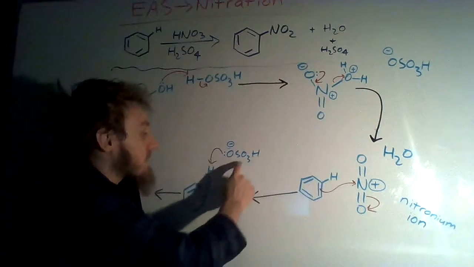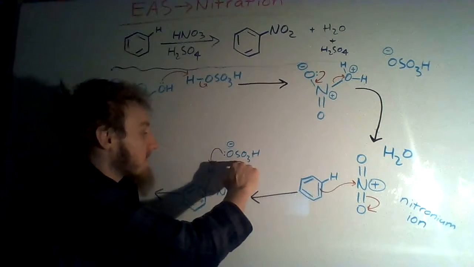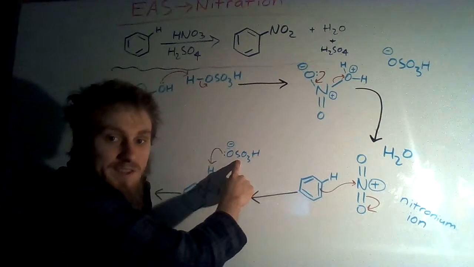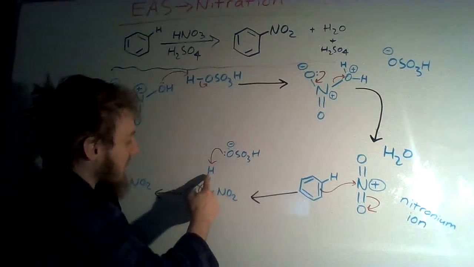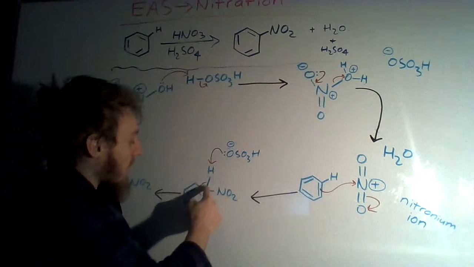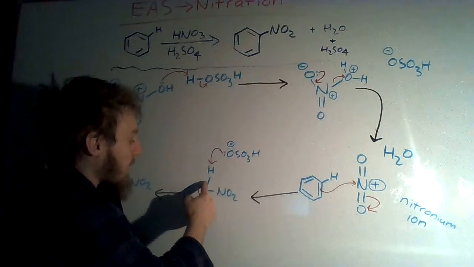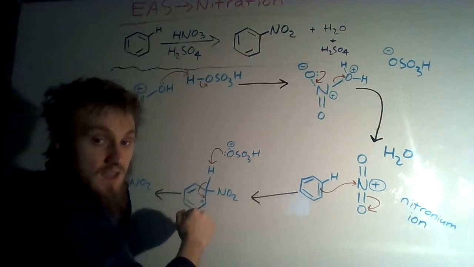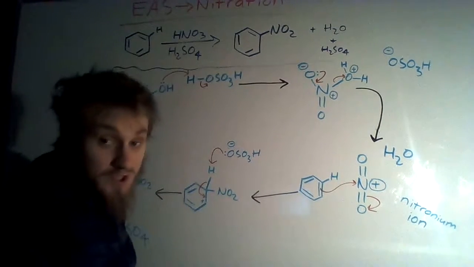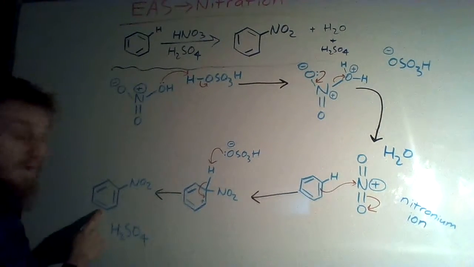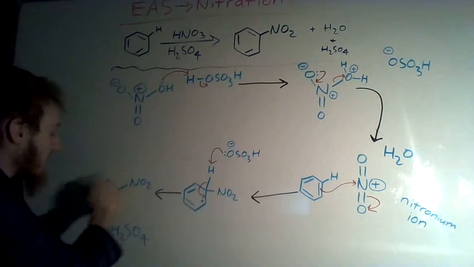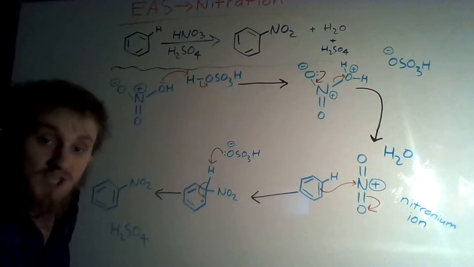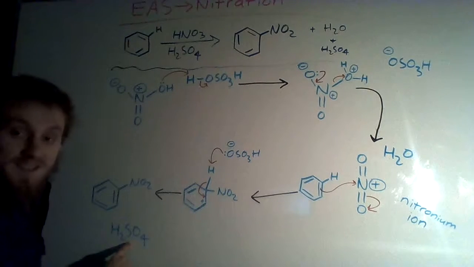All right, so this chemical species here, this hydrogen sulfate, it's going to deprotonate that hydrogen. And then these electrons here in this hydrogen-carbon bond, they're going to fold back into the ring, and that's going to restore aromaticity, right? So we've generated nitrobenzene, and we've also regenerated sulfuric acid.